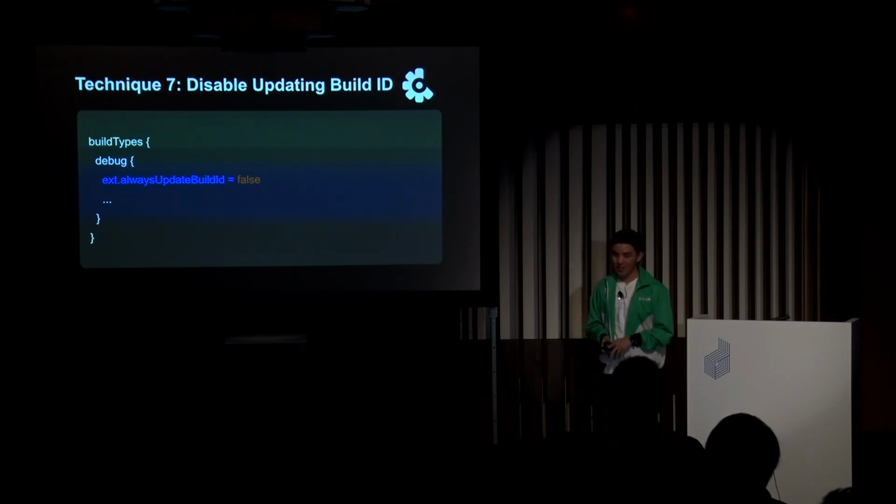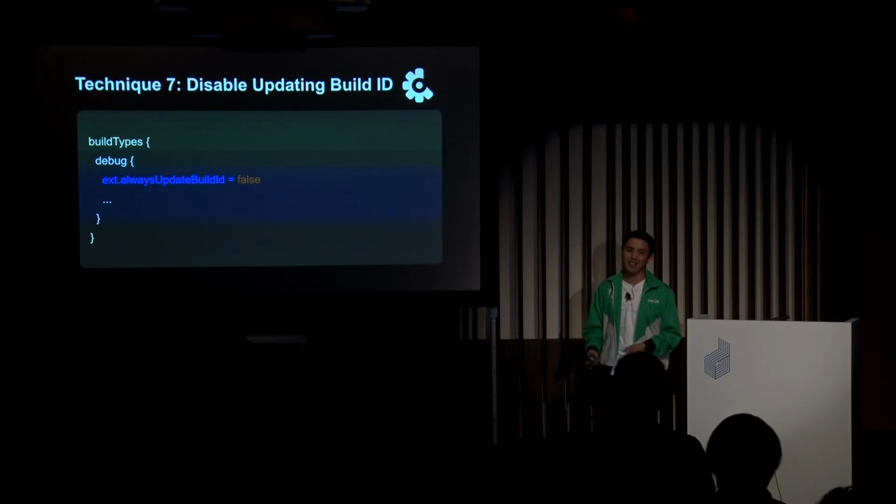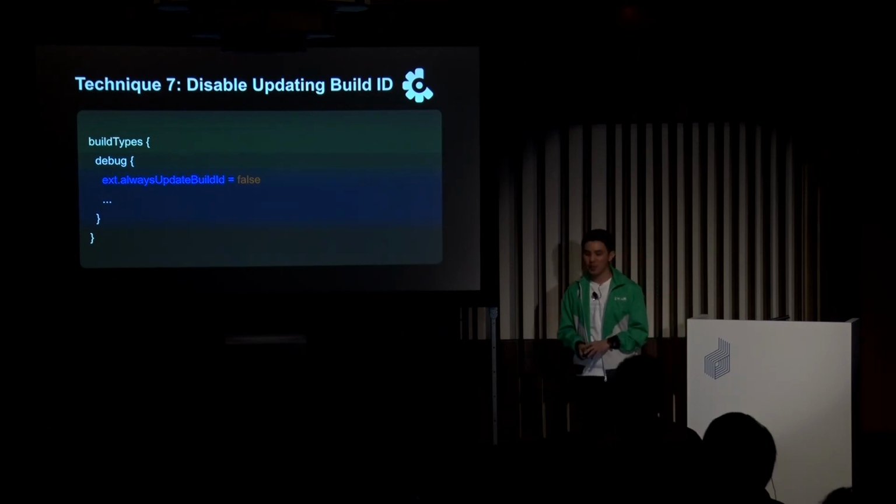Technique 7 is to disable updating the build ID in Firebase Crashlytics. I think most mobile developers use Crashlytics. It is the number one crash reporter in the mobile world right now. In Blind Man Driver, we use Firebase Crashlytics as well.